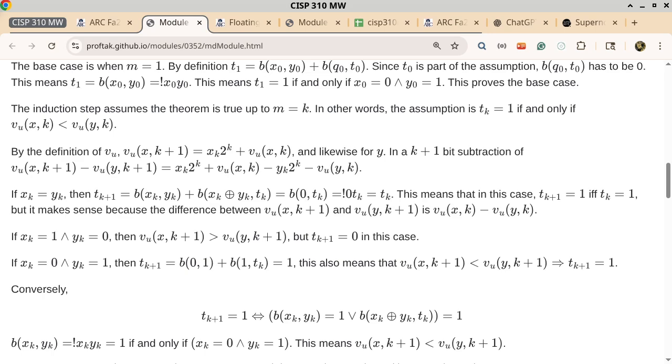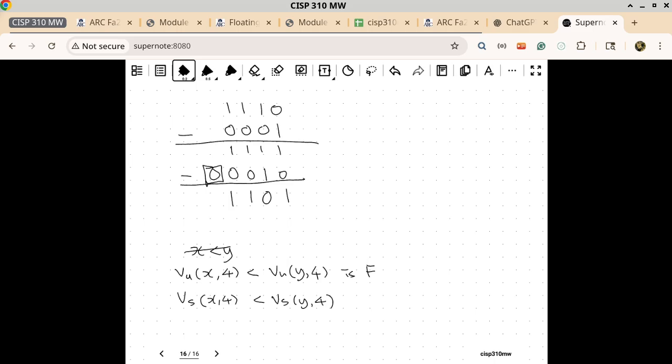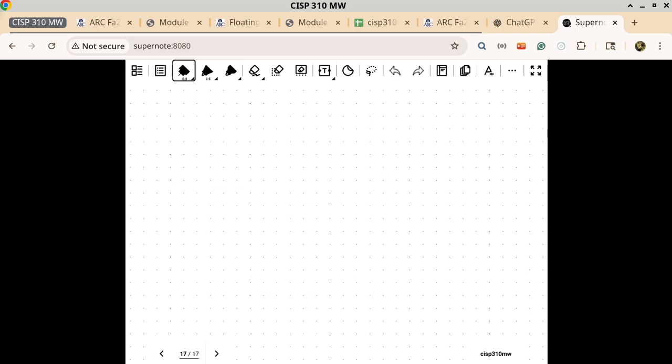All right. So now we go back to the example. We go back to Supernote, and now we look at some really interesting cases. Let me go to another page. This time I have 1001 minus 0100.